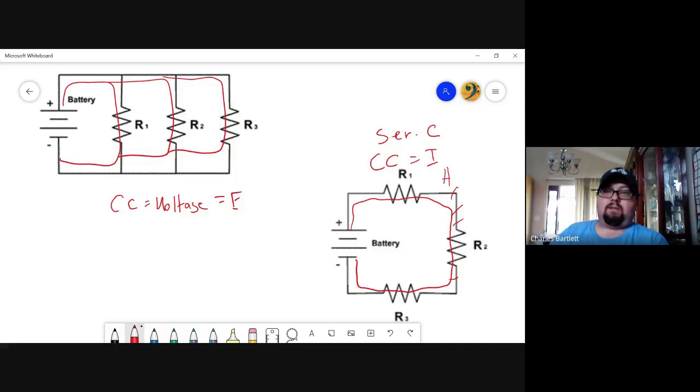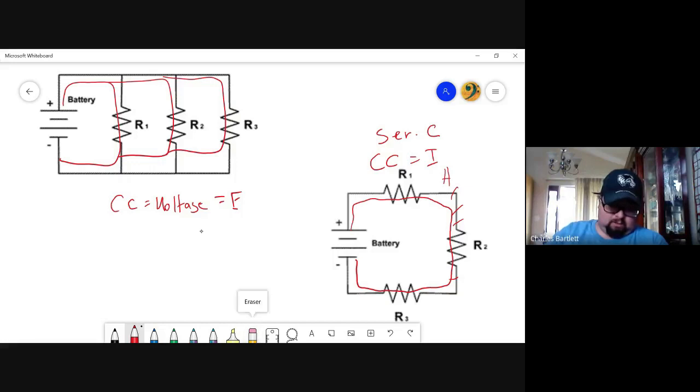Series circuits, amps stay the same. Parallel circuits, voltage stays the same. Like I said in the last video, I like to use the term circuit constant. For a series circuit, the circuit constant is amps, and for a parallel circuit, the circuit constant is voltage.